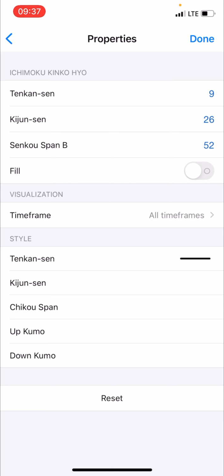The settings: the first one carries 9, the second one 26, and the third one, the span B, carries 52. There is no fuel. Use it on all time frames. The first one carries black while the rest are white. I would love if you use the same settings and use a white background, so that you can just use the same settings I'm using.